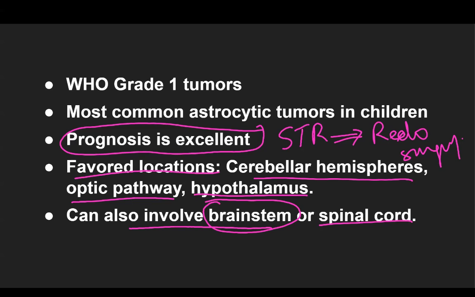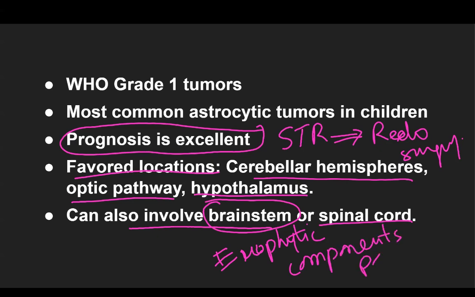No, DIPG is not PCA. Oh, okay. Sorry. There are 4 subtypes of brainstem gliomas, right? Yes, this one is the one with the exophytic component. So the brainstem gliomas that are with the exophytic components are most likely to be pilocytic astrocytomas.